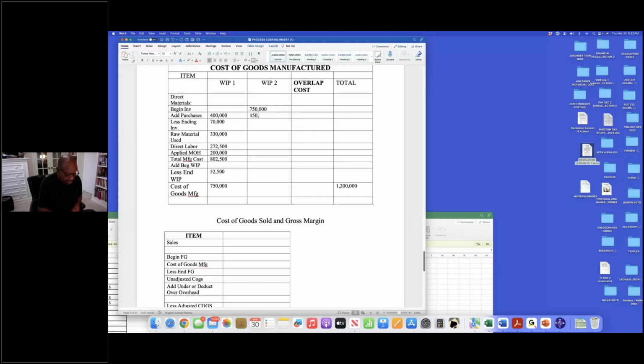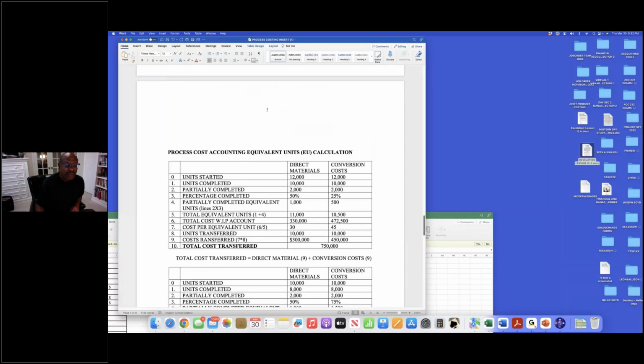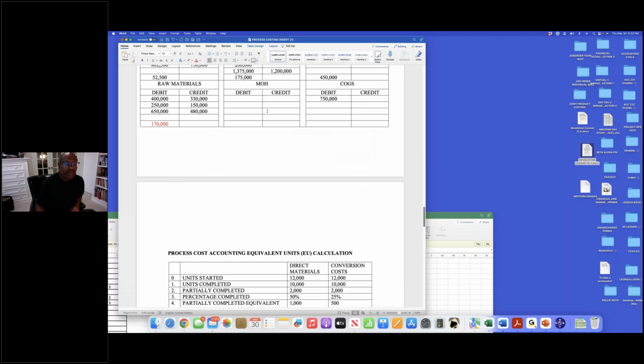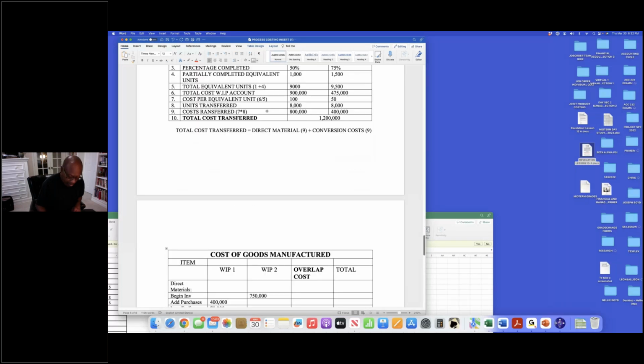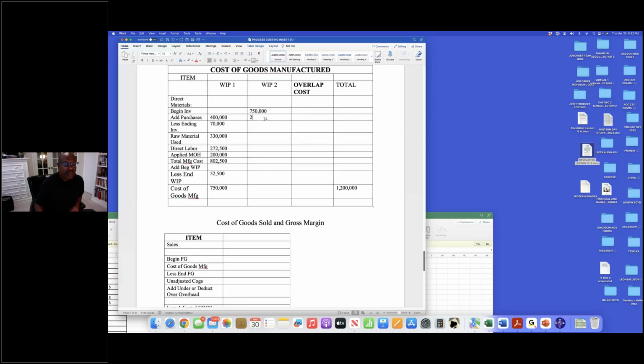No, we didn't purchase 150. How much did we purchase? We purchased 250,000. 250. Now ending work in process two inventory was what?